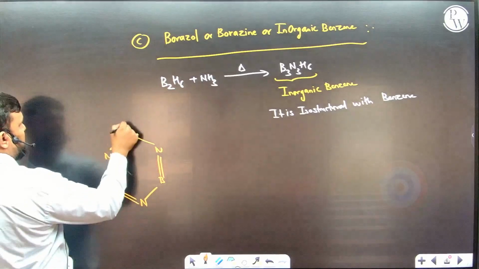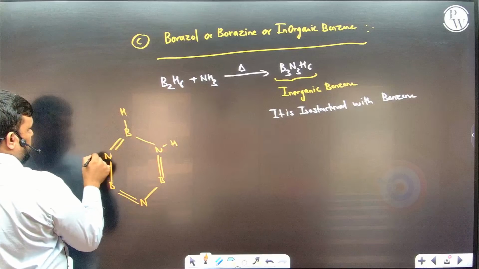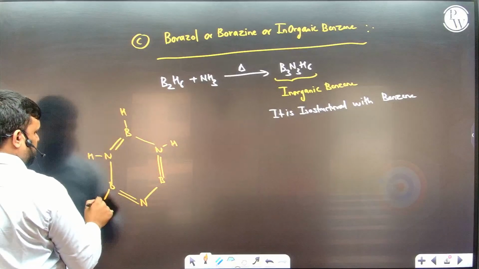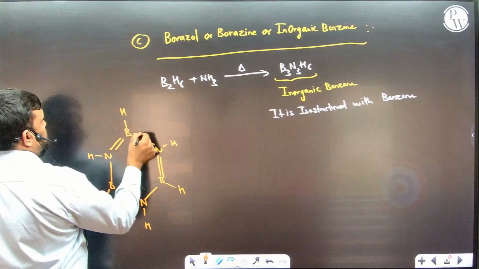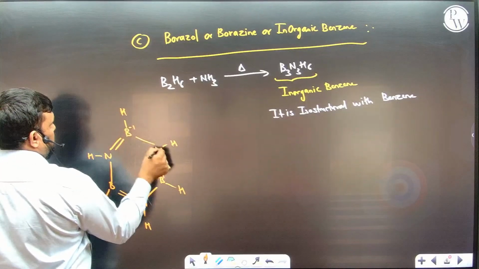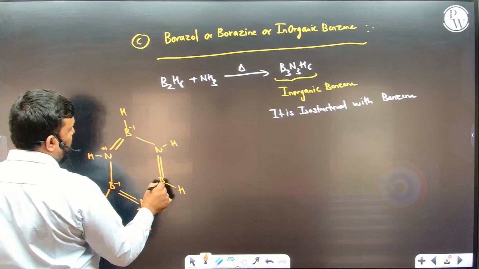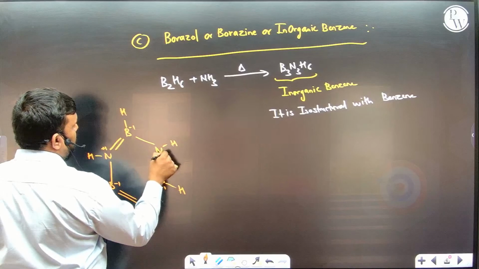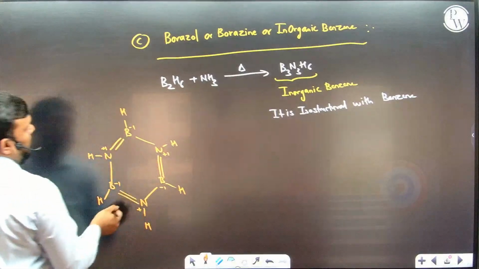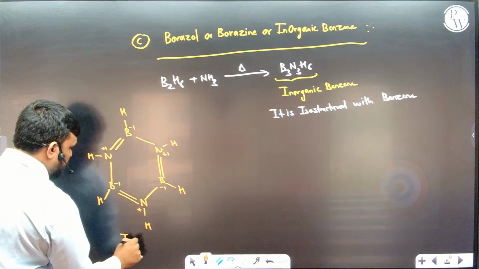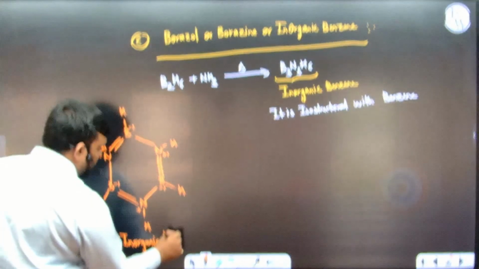So this is the structure. This is the structure over here. B3N3H6. That is our inorganic benzene.